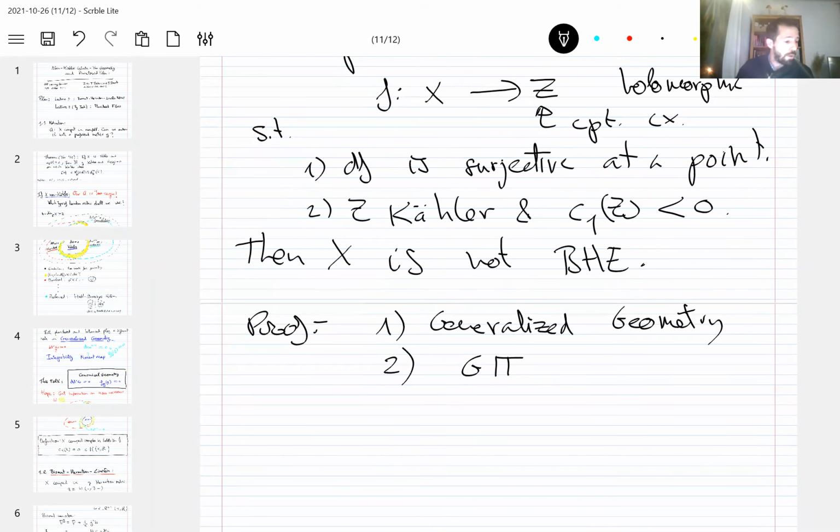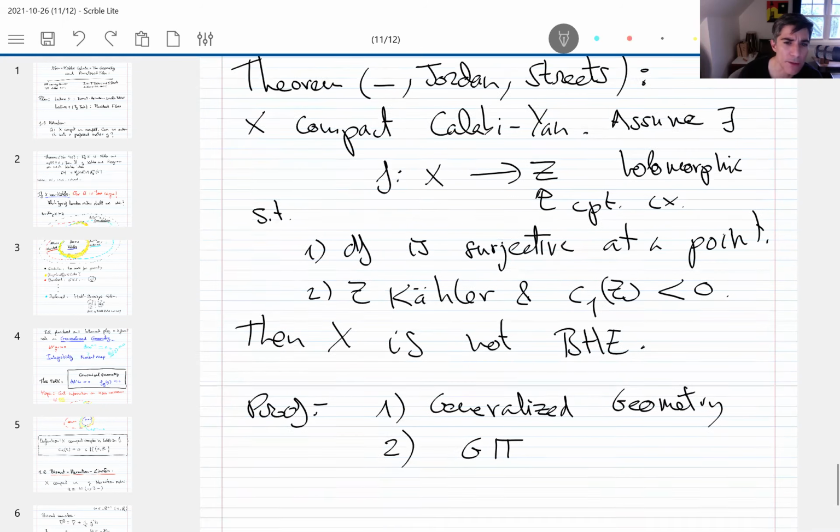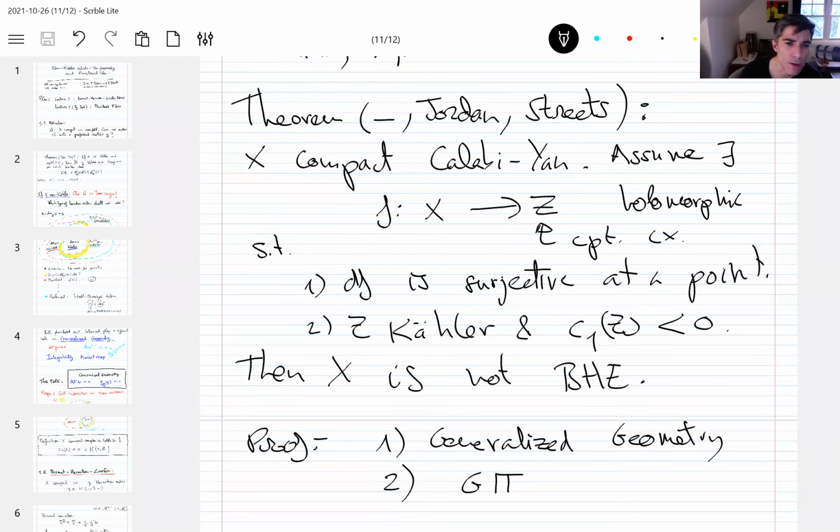Okay, so if there are no questions. Sorry, I don't understand the c1(Z) condition. You're saying, for example, if it was over P1? Yeah, I'm saying that c1(Z) is negative or positive? For P1 it is positive. Okay. Yeah, I'm saying that if it is of general type and compact, so a complex manifold with c1 positive.